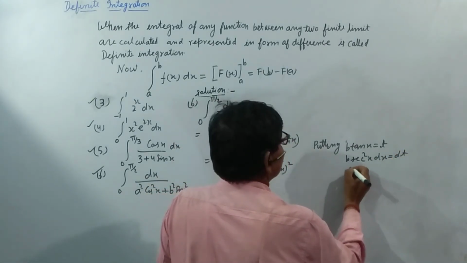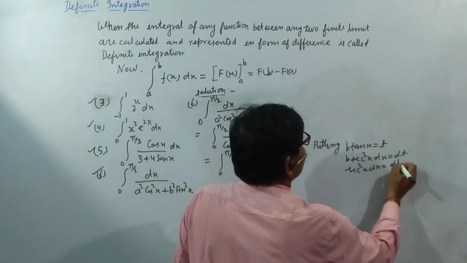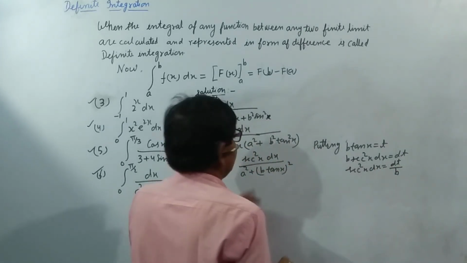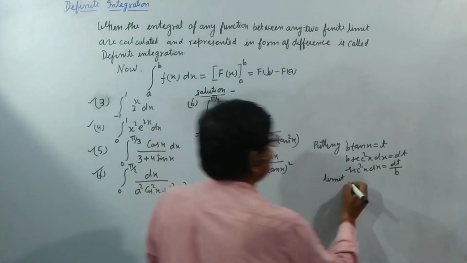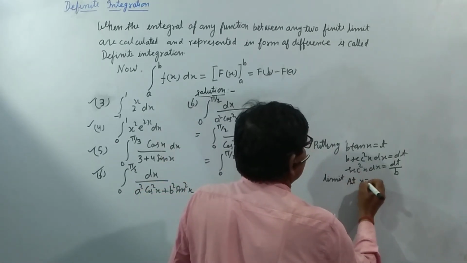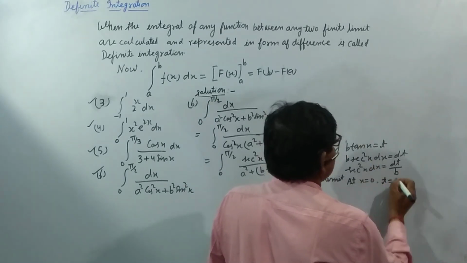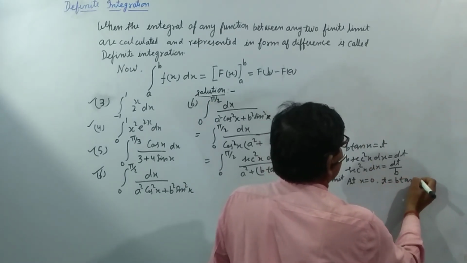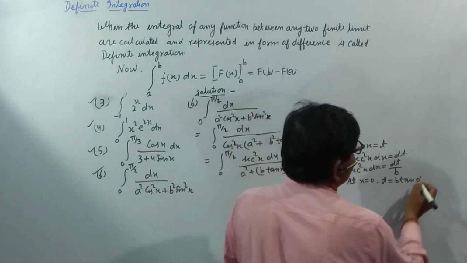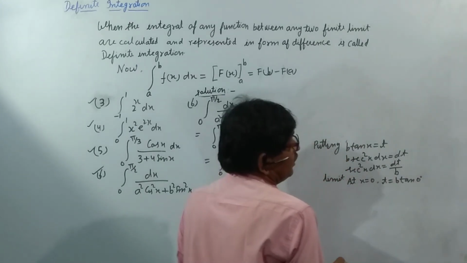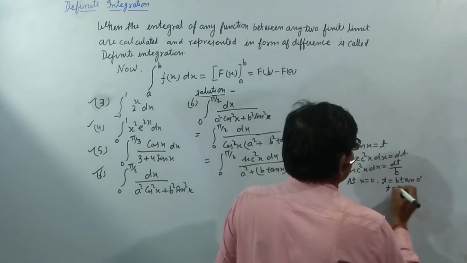So sec square x dx equals dt by b. Now the limits: at x equal to 0, t equals b tan 0. Tan 0 is sin 0 by cos 0, sin 0 is 0, so t equals 0.